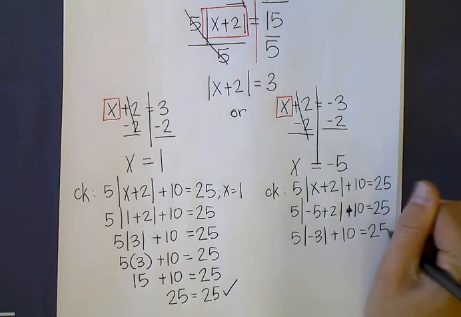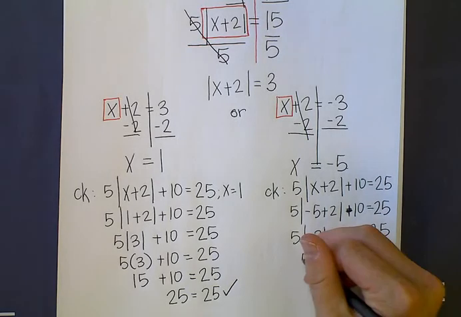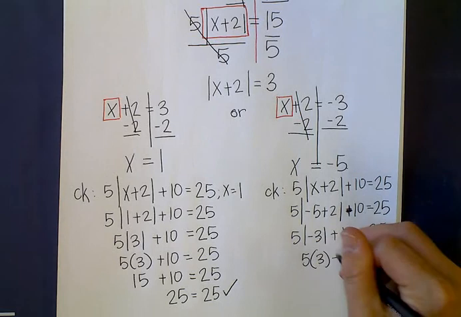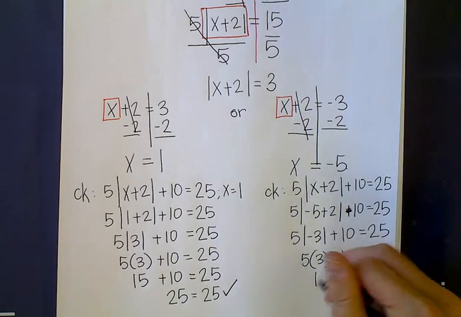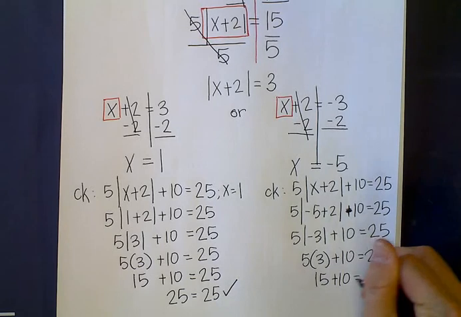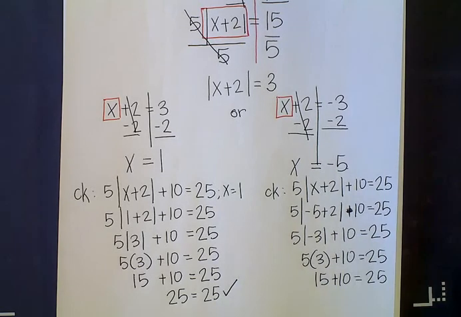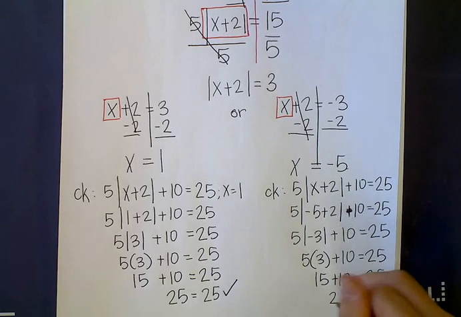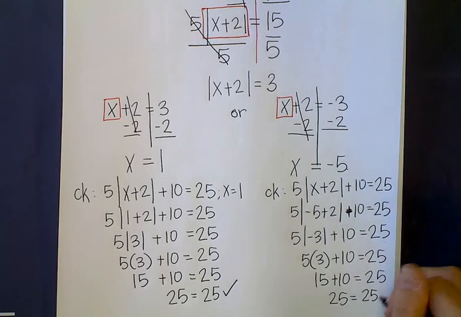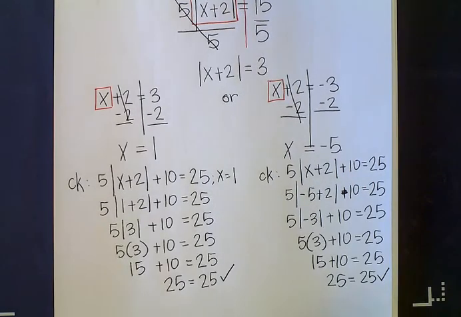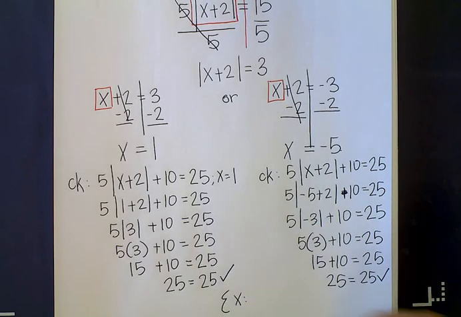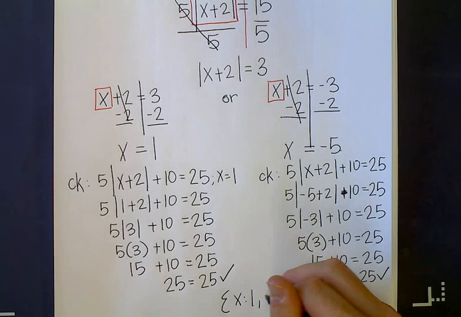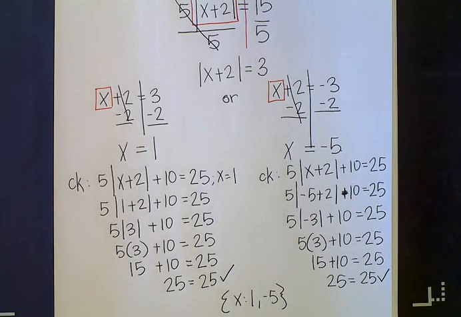The absolute value of negative 3 is 3. 5 times 3 is 15. 15 plus 10 is 25. Again, we were correct. Our solution set is 1 or negative 5.